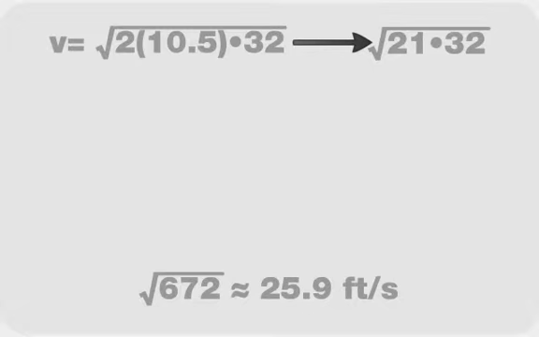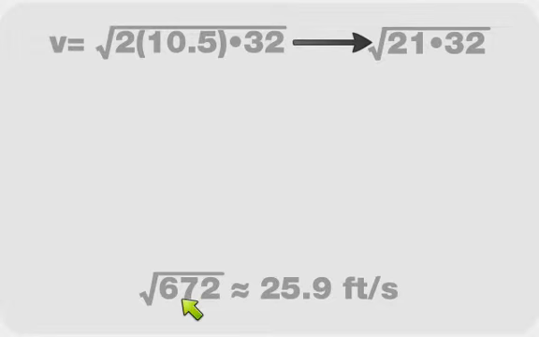Let's do the velocity now. If I know that it's 10.5 feet high, well, I take 2 times 10.5 and 32, and I get 21 times 32, which is 672. Well, if you know your squares, 625 is 25 squared.